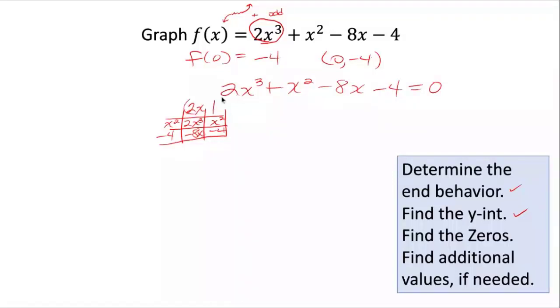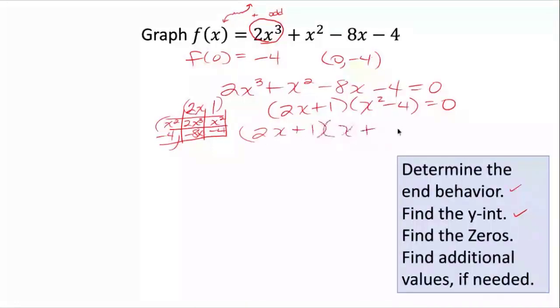I can look at then this group and this group, and that's how this factors. So I have 2x plus 1, and then x squared minus 4. Now x squared minus 4 factors again. So I have 2x plus 1, x plus 2, x minus 2.